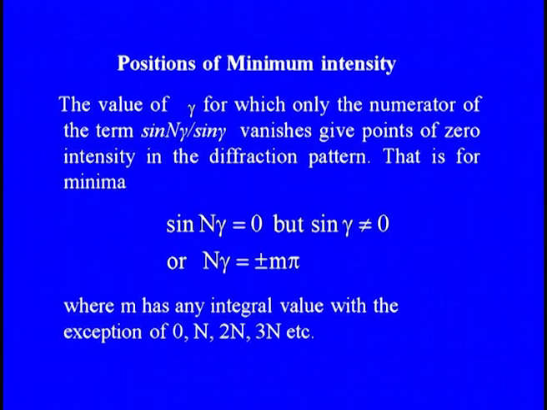That is, for minima we should have sin N gamma equal to 0, but sin gamma should not be equal to 0, or we should have N gamma equal to plus minus m pi, where m has any integral value with the exception of 0, capital N, 2 times capital N, 3 times capital N, and so on.